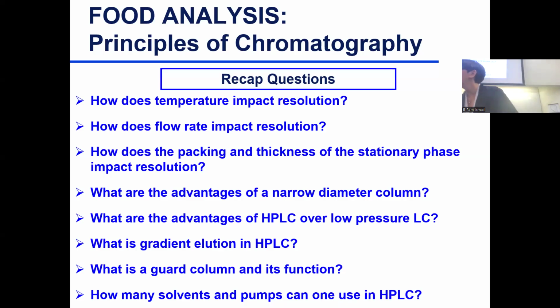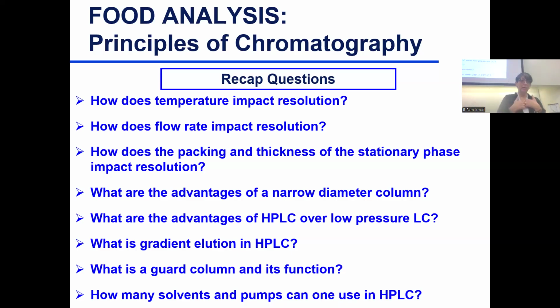Okay. How many solvents and pumps can one use in HPLC? We can use 1, 2, 3, 4. It's not usual to see 4 pumps, but it's usual to see 4 mobile phases with 1 pump or 2 pumps. So it depends on the mixing. If you have 1 pump and 4 reservoirs, then the mixing is low pressure, before it goes into the pump.